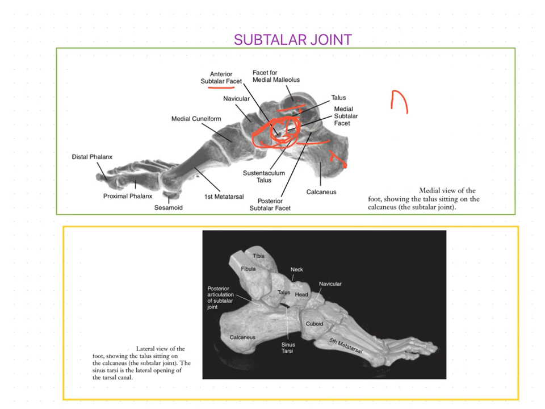Now, some of the studies by Wang and colleagues found that the subtalar articular surfaces, although smaller than those of ankle joint surfaces, showed a similar proportion of contact across surfaces under similar conditions.